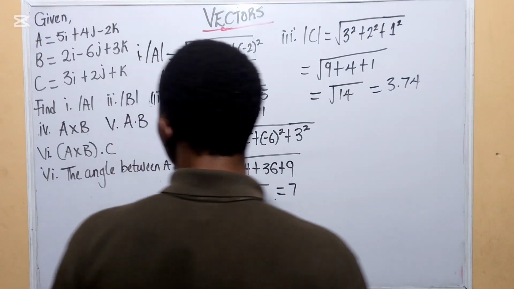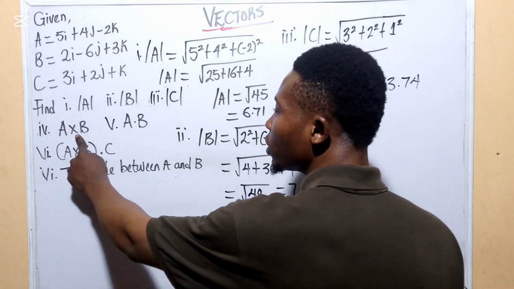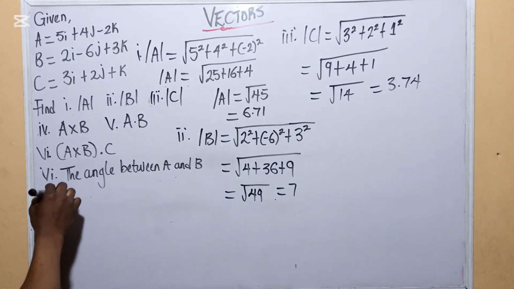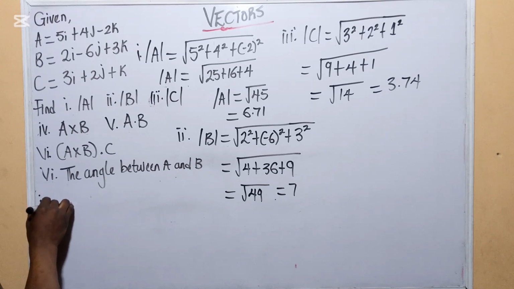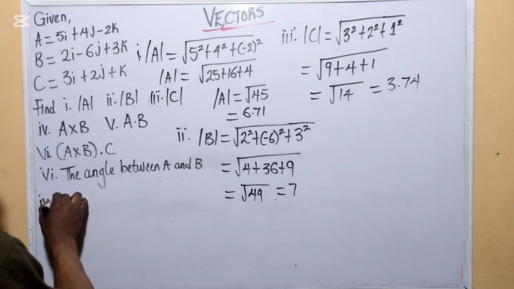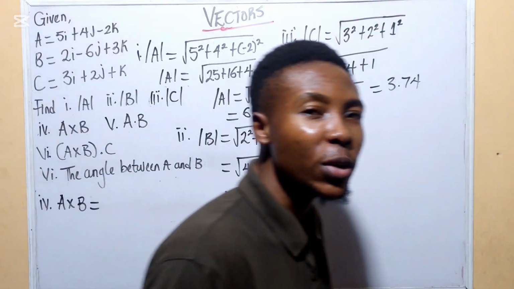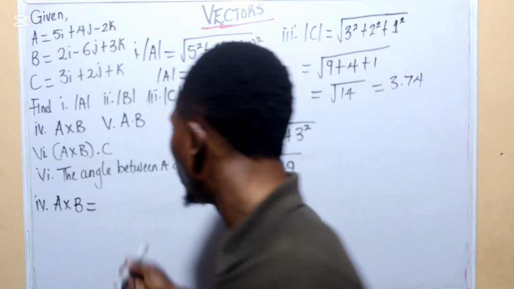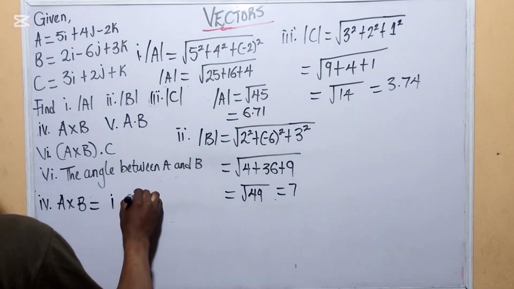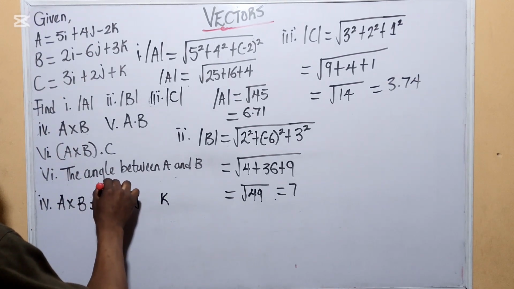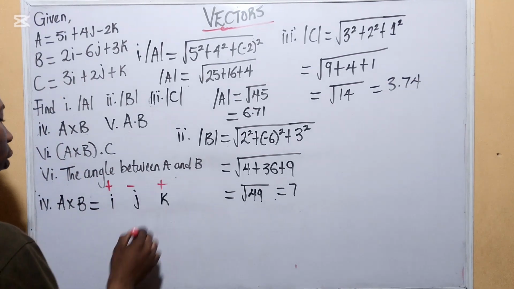Now, let's find the cross product, because this means cross product between A and B. So that is going to be our IV. Now, how do we find the cross product between A and B? What do we do? First of all, we write I, J, and K. Now, we give this plus, we give this minus, we give this plus.